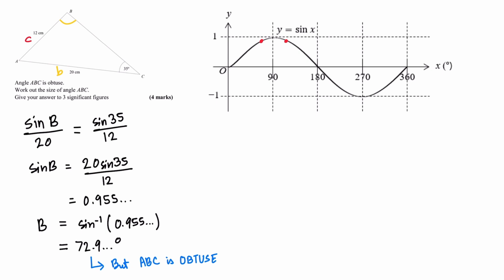So in my video on trig graphs, I gave the formula sine x equals sine of 180 minus x. And if we do that, we get 107 degrees. Just looking at the symmetry of the graph, you do 180 minus 72.9. And that gives you the answer.